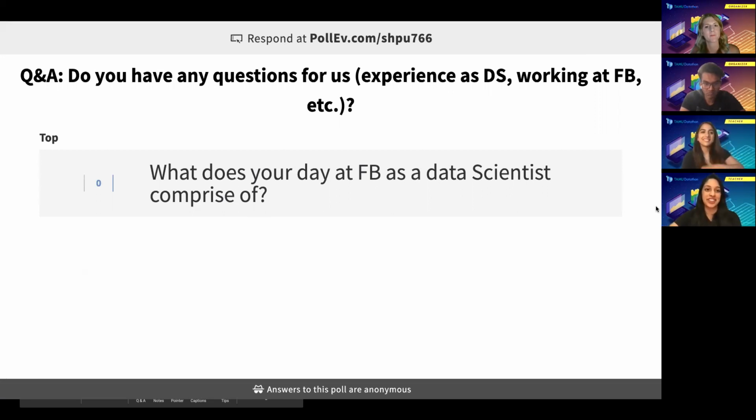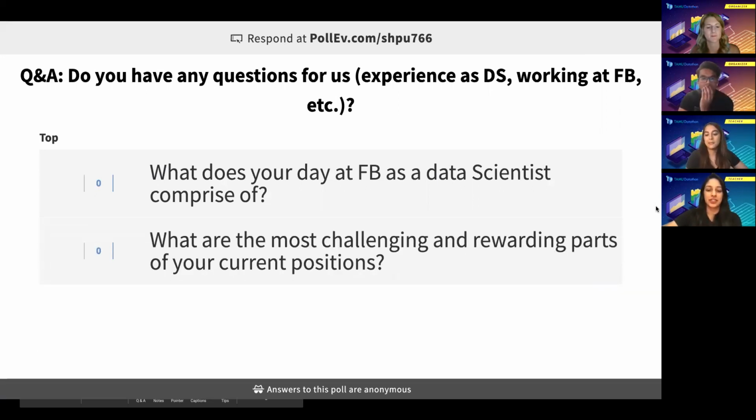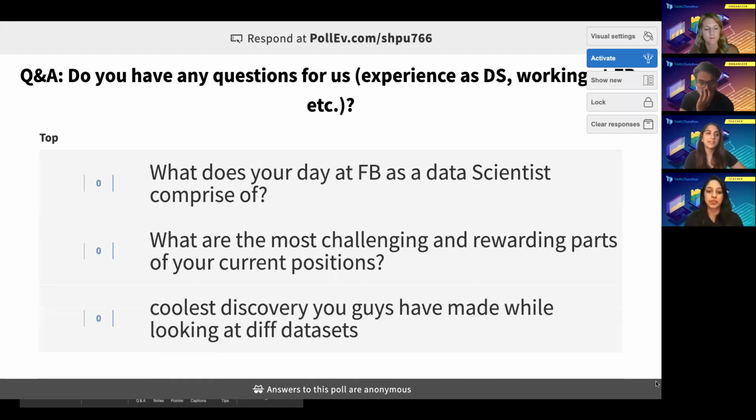Ish, do you want to start? Yeah, sure. This is a really good question. One thing I always like to tell people is that working at Facebook as a data scientist is about 50% coding and 50% communication, writing up analyses, and working with cross-functional partners. I support a team, and so does Shreya. We both have our own separate products.